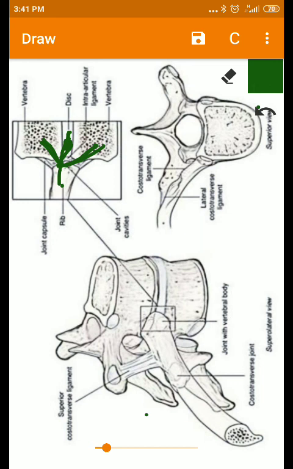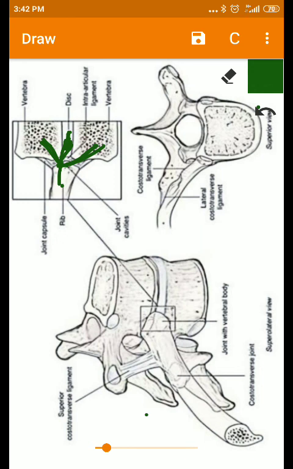joint. Okay, now the costovertebral joints that articulate with a single vertebra are more mobile than those joints that articulate with two vertebrae. Which ribs articulate with a single vertebra? Yes, the first, 11th and 12th ribs articulate with only one vertebra, and the remaining articulate with two adjacent vertebrae.